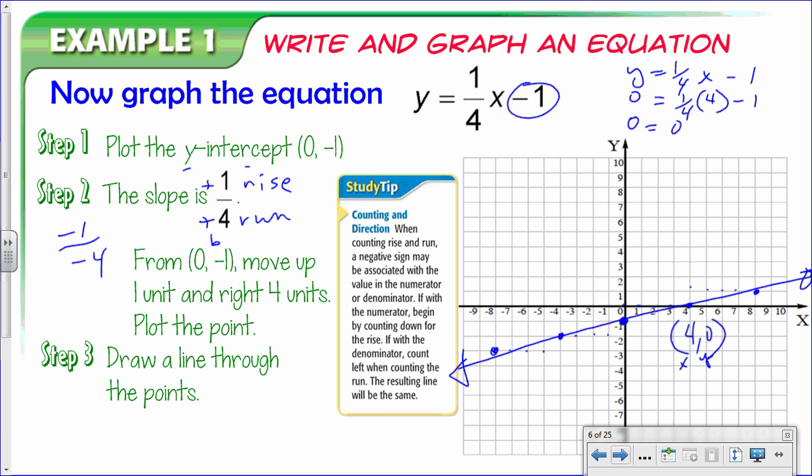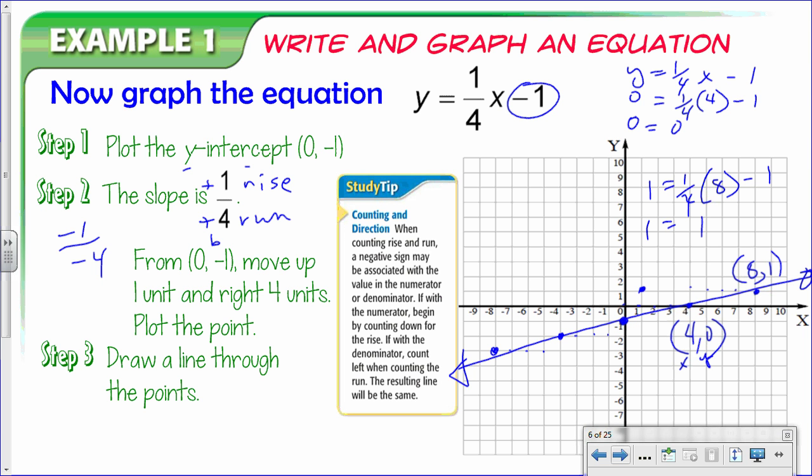What's the ordered pair for this point? 8 and what? So I should be able to plug that one in, right? Let's see. 1 equals 1/4 of 8 minus 1. What's the fourth of 8? 2 minus 1. Good. What about this point right here?